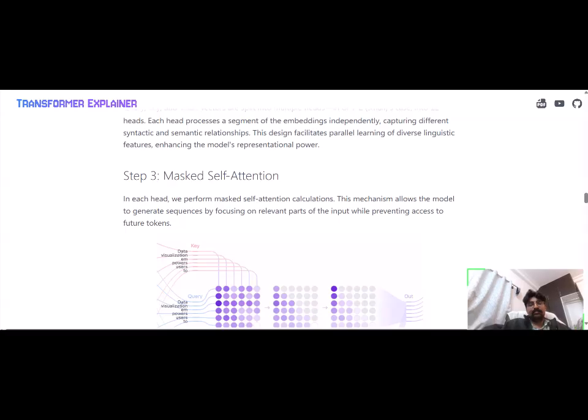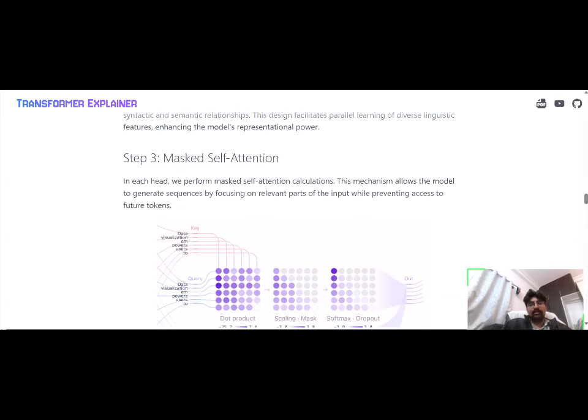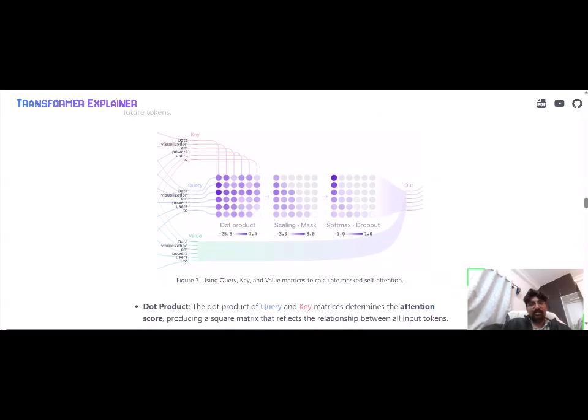Then each head performs masked self-attention calculations, and it processes to generate the sequence by focusing on the relevant part of the input. For example, here we pass the key, query and values.